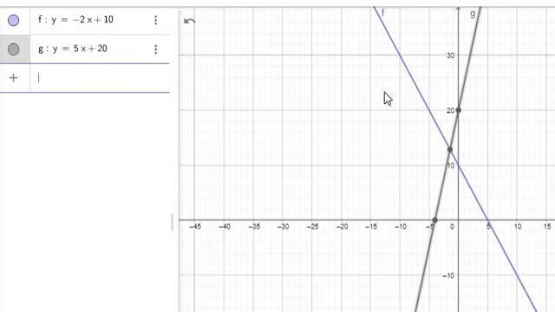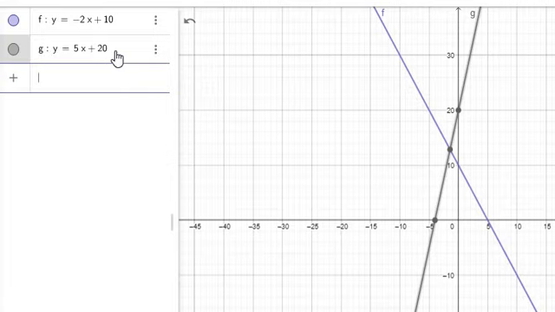As we can see, both graphs are sloping in 2 different directions in terms of downwards and upwards. For the function f, the graph is sloping downwards. And for the function g, the graph is sloping upwards. Could you look at these equations or functions and tell us why?